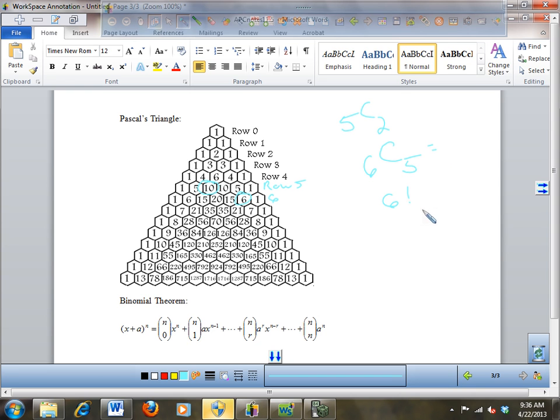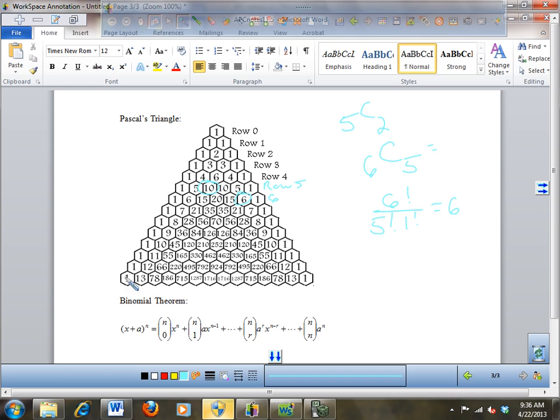That's 6 factorial over 5 factorial times 6 minus 5 factorial, 1 factorial, and that is indeed 6. Okay? So all of these pieces in Pascal's triangle are actually combinations. Just kind of work as one pattern. There's all kinds of patterns in Pascal's triangle that are useful in doing math.